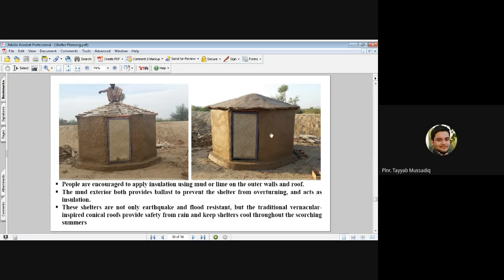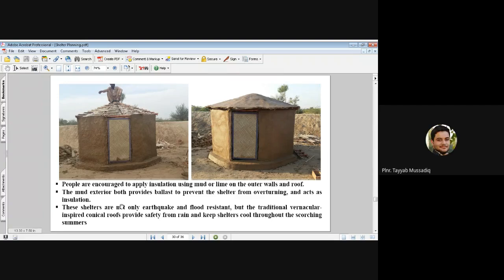Sir, what is ballast? Ballast, they are saying that it is actually increasing the weight of the structure. Ballast is weight. So this mud is providing weight to the structure. If you are increasing the weight of the structure, it will not overturn. If the wind is coming from this direction, the weight of the structure due to this mud will be enough to resist these winds.